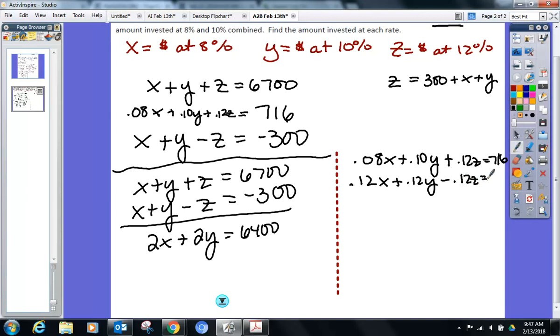And yes, you do have to multiply negative 300 by 0.12. Negative 36. Yep.